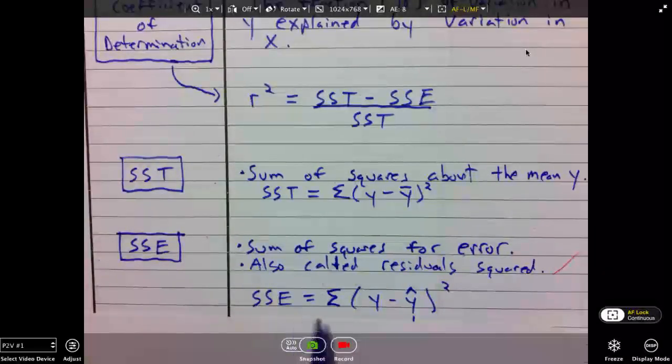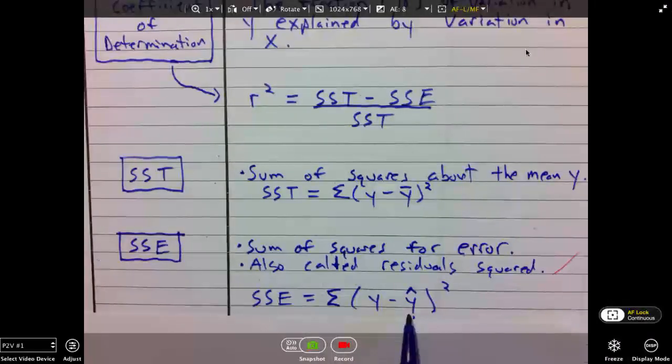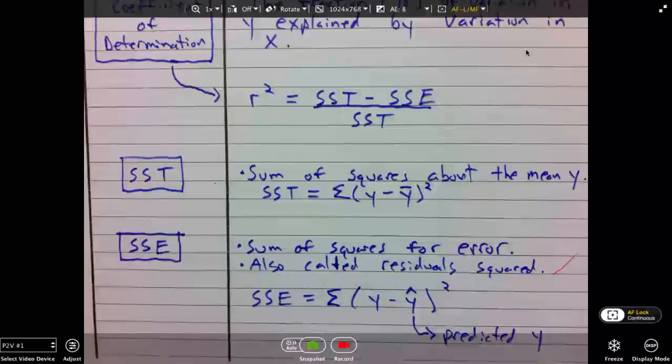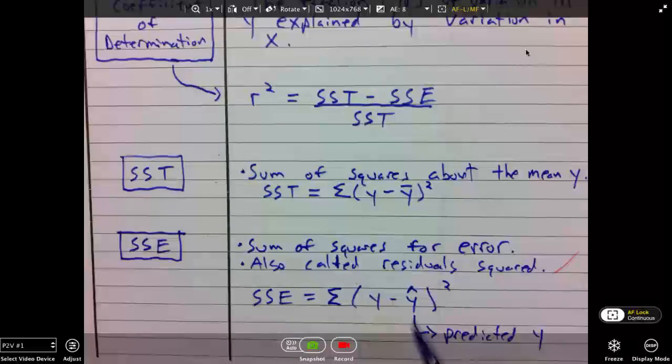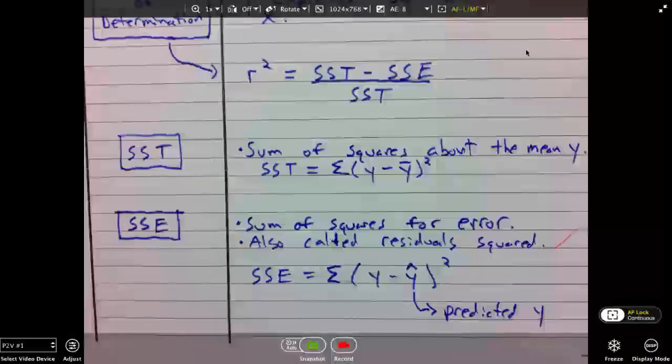SSE is calculated by summing up each y minus y hat, that's the predicted y, and squaring. This quantity here you perhaps have learned already. This is the residual. Y hat is the predicted y. It's the y value that's predicted by our least squares regression line.